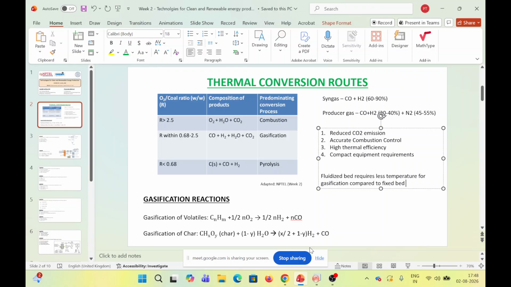And then the hydrogen produced using the syngas can be used as a source. It's a very good source. Hydrogen energy is, I think, a booming field wherein they want to use hydrogen as a source of energy for everyday use.